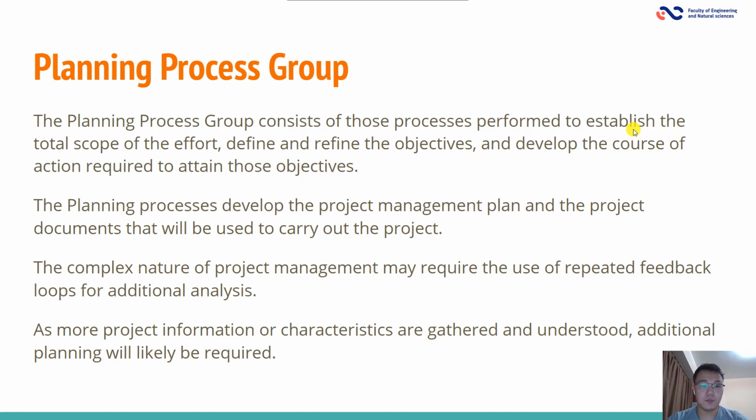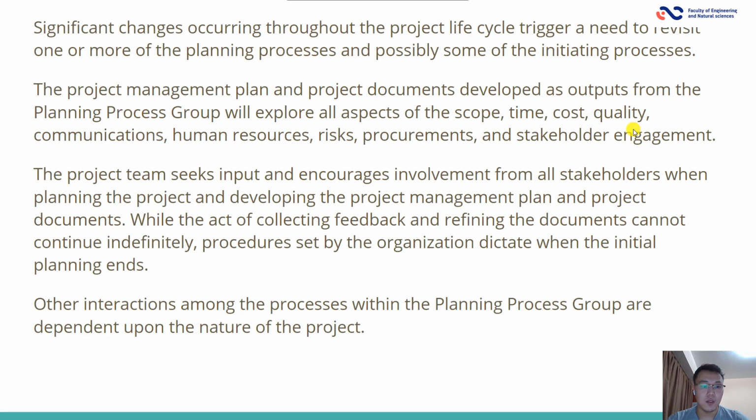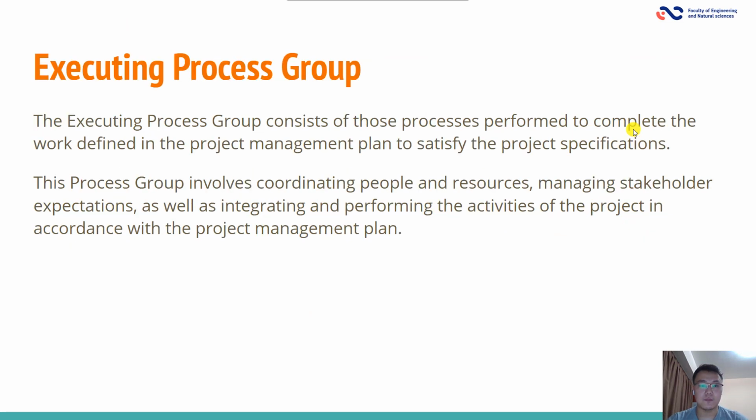The complex nature of project management requires the use of repeated feedback loops for additional analysis. Also, other interactions among the processes within the planning process group depend upon the nature of the project.